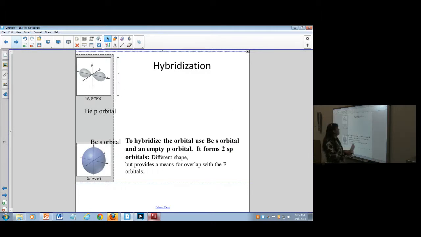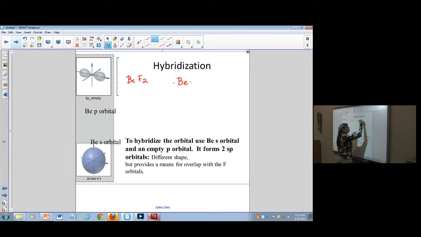So I want to talk for a minute about a really simple molecule, okay, one that we have found is more covalent than ionic, and in this case we're going to form BeF2. So if we set up our Lewis dot structure with Be, okay, we'd find that we have 2 electrons because it's in group 2, all right, and this would have a configuration of 2s2.